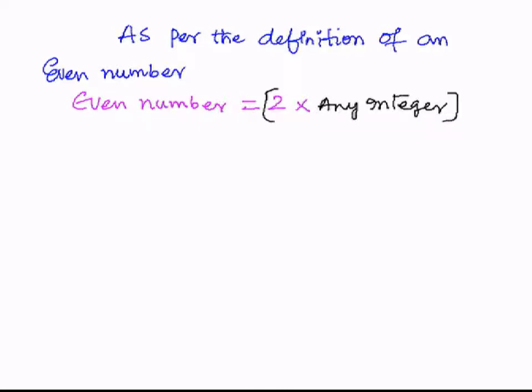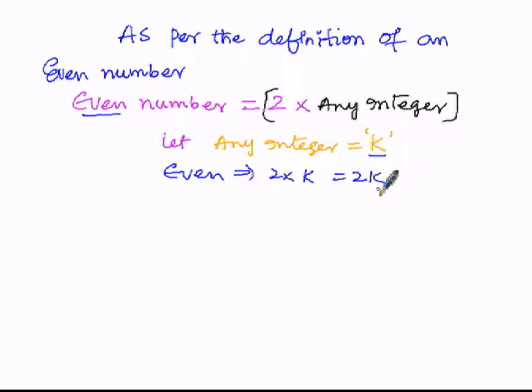Let us assume any integer be k. If I have assumed it as k, then the next logical step implies that an even number is 2 into k. So in this manner, an even number is given by 2k.